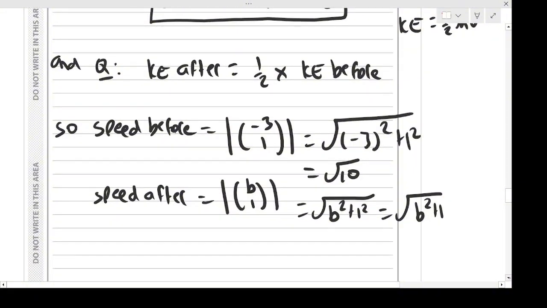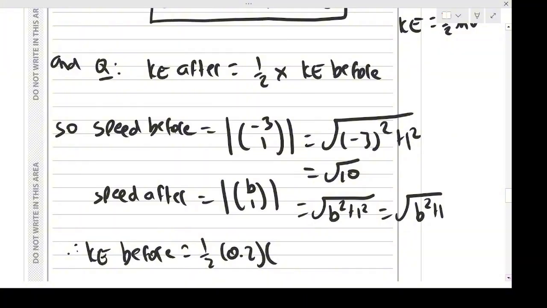So now I can work out the kinetic energies involved. Okay, so the kinetic energy before is going to be half lots of the mass of Q, which is 0.2, lots of the speed squared. Now before, the speed is √10, and so I'm going to square that. If I work that out, I get 1.